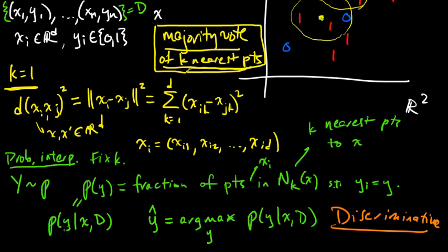We only have a way to describe the distribution of y given x. So k nearest neighbor is discriminative.